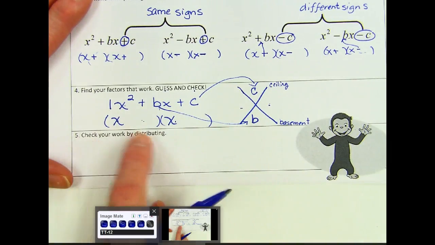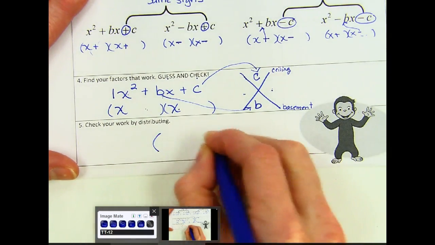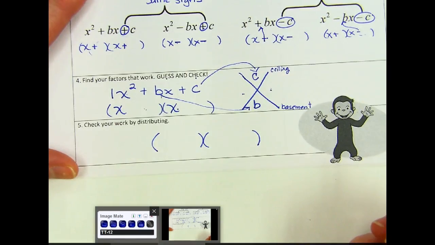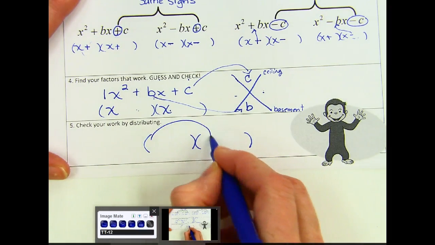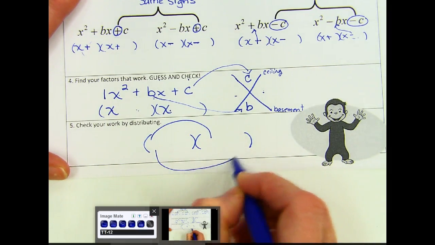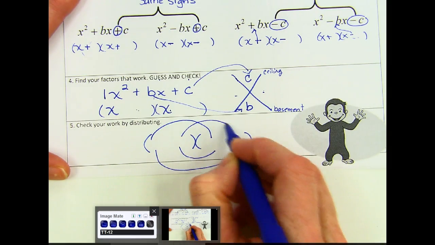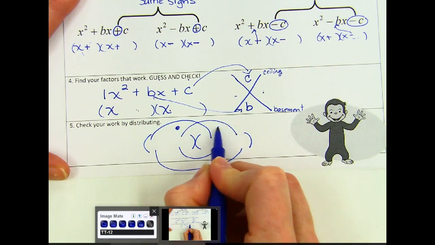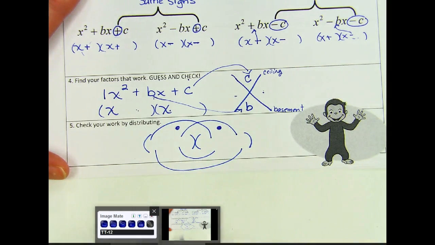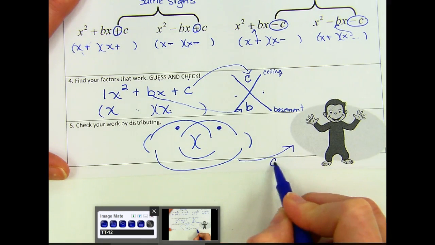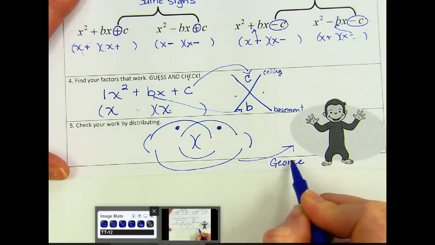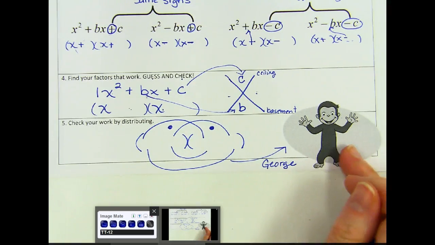So it says check your work by distributing, but remember, this is what distributive property looks like. It is first, outer, inner, last, and it makes the cutest little face ever, which I call George because it looks like a monkey to me, and Curious George is the only monkey that I can think of.